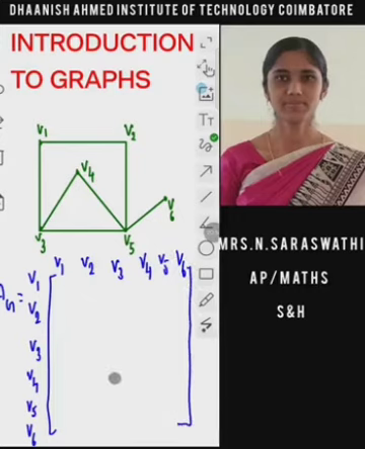Here V1 is not incident with V1 again, that is not adjacent, so the element will be 0 here. V1 and V2 are adjacent, so 1. V1 and V3 are adjacent, so here the element is 1.